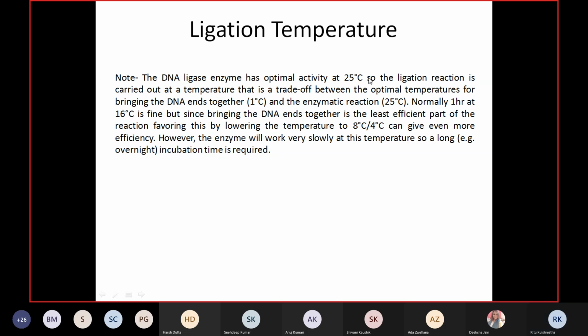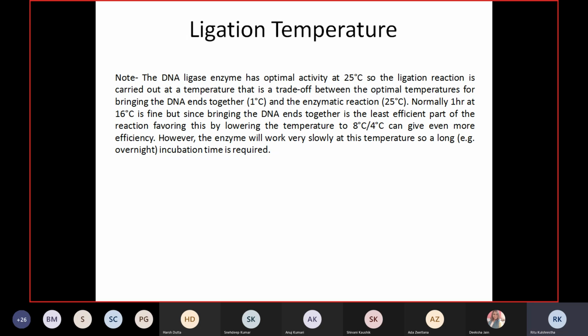There are various ligation reactions for each ligase that have been prescribed by the company selling it. In many cases, you will see that it's a quick ligation, 25 degrees for 1 hour is good enough. So yes, it may be good enough for those cases in which you have to ligate two molecules together.